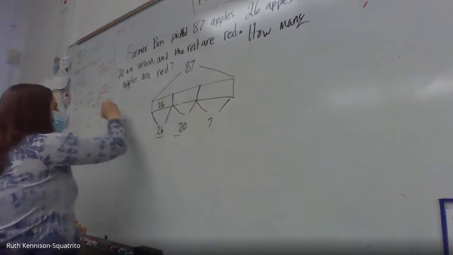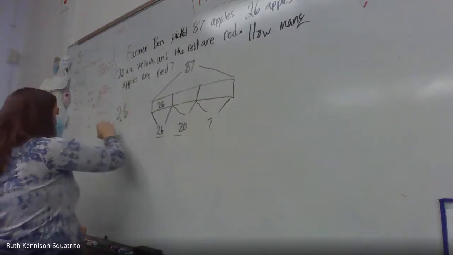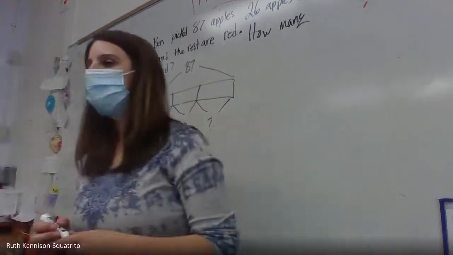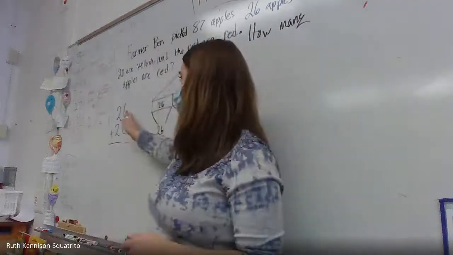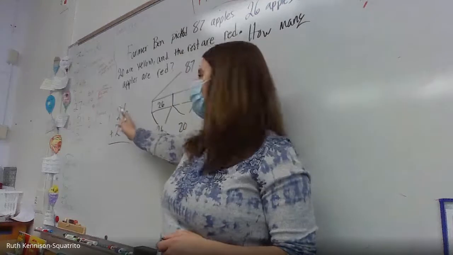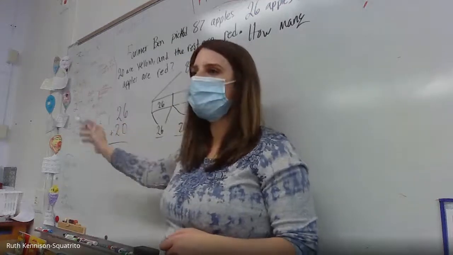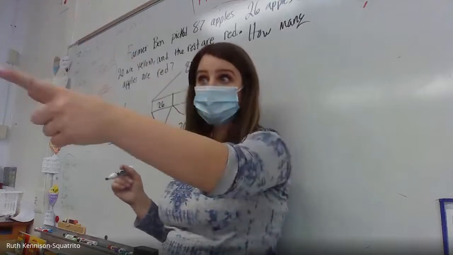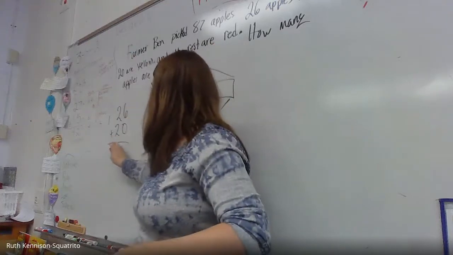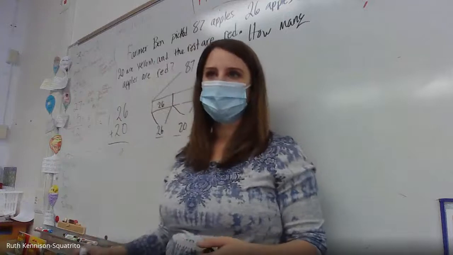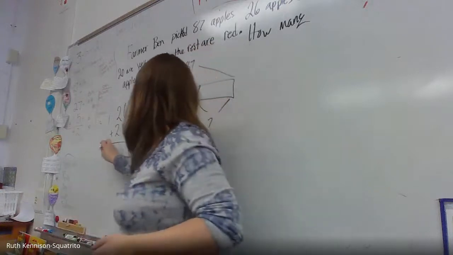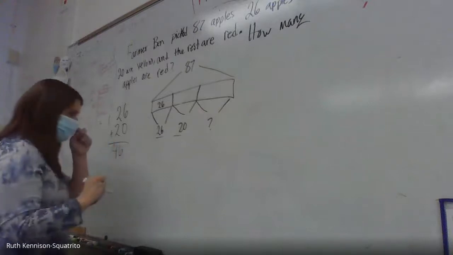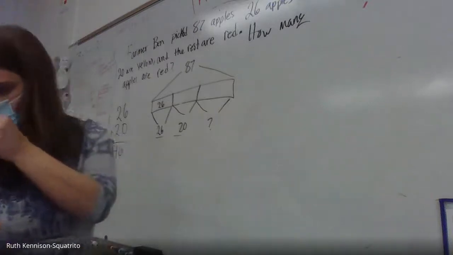So 26 plus 20, that should be a real fast problem for y'all to do. 6 plus 0 is, if you have 6 and you add nothing, you stay with 6. Very good. And then 2 plus 2 is 4. I see lots of little busy bees writing away. Thank you, second graders.